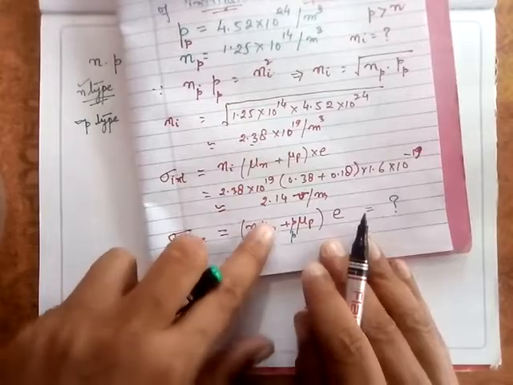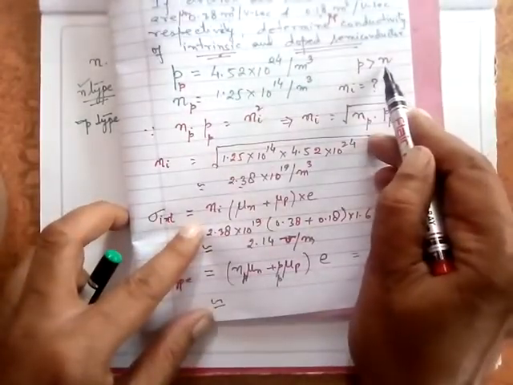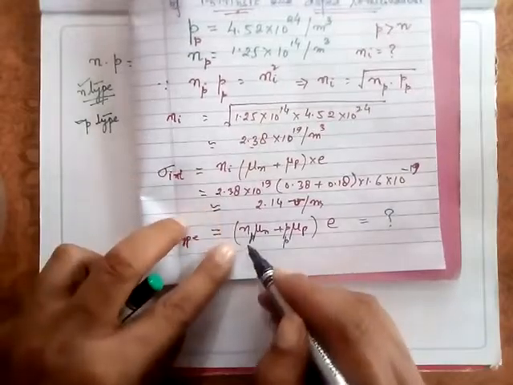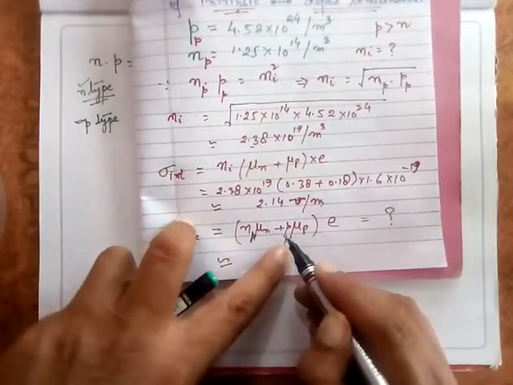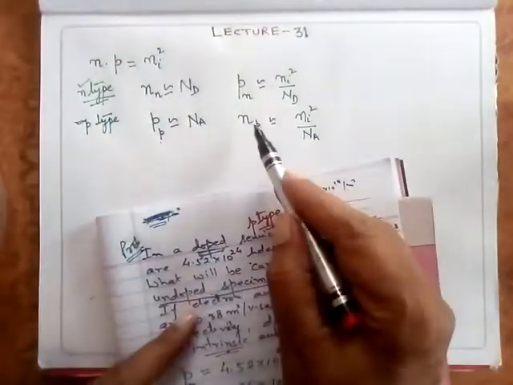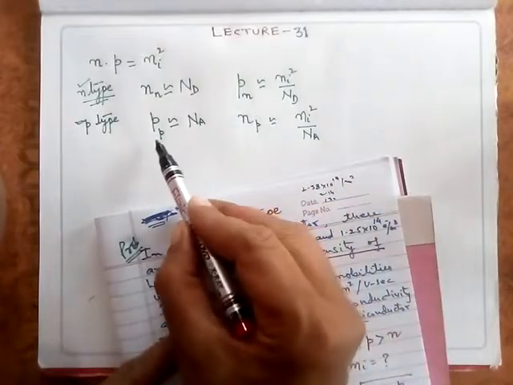The approximation is that holes are majority charge carriers and electrons are minority charge carriers, so I neglect the electron term. The holes are approximately equal to the acceptor concentration.